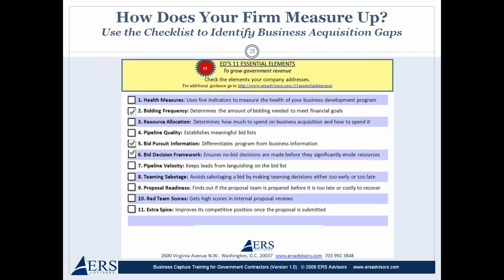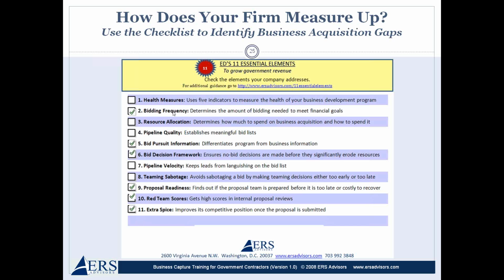But when you get these slides, and they will be available after the session, you'll get an email with them, I'd like you to take a look at this list and think about each of these 11 essential elements and think about whether you really have them well executed within your organization.